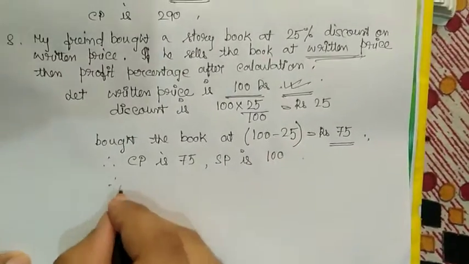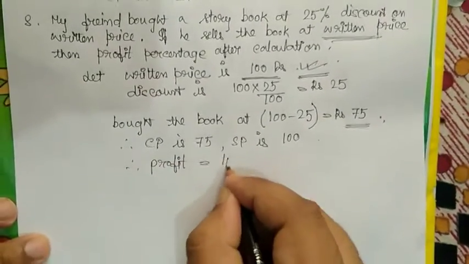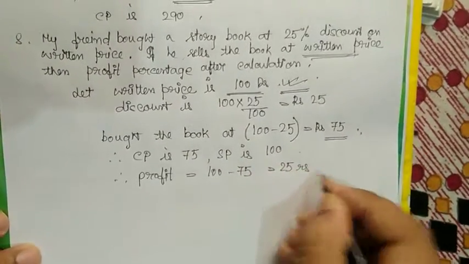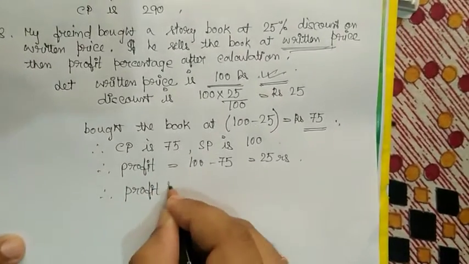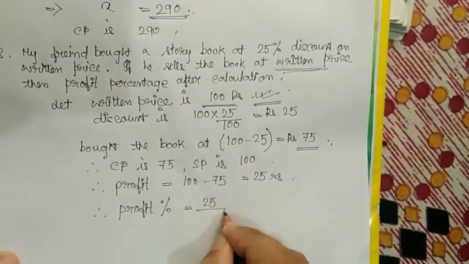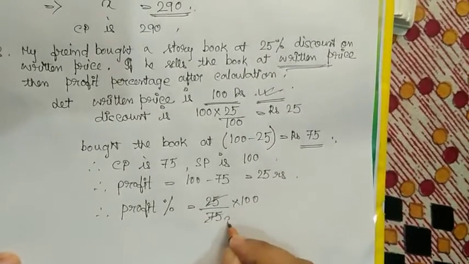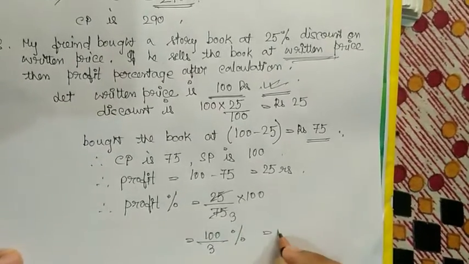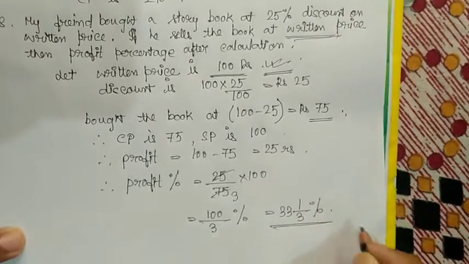Therefore profit equals 100 minus 75, 25 rupees. So profit percentage equals profit by CP into 100. So the profit percentage will be 33 1/3%.